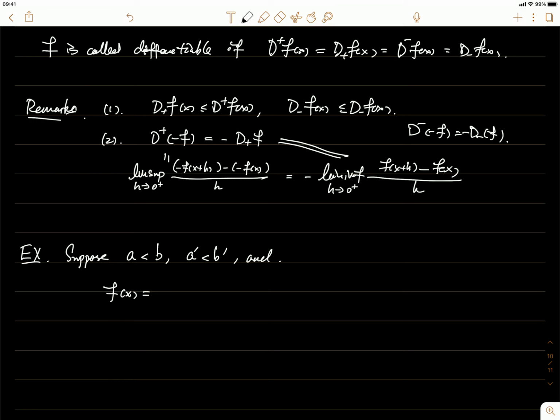If x is bigger than 0, then it's a x sine squared of this plus b x cosine squared of that. That's for the case where x is greater than 0. If x is equal to 0, then it's just 0. If x is less than 0, it's the same thing, but we are using a prime, b prime instead of a, b.